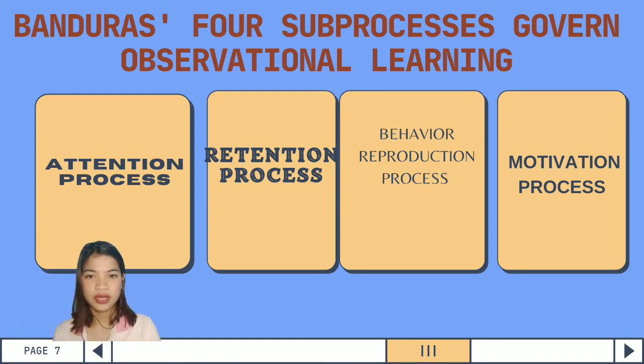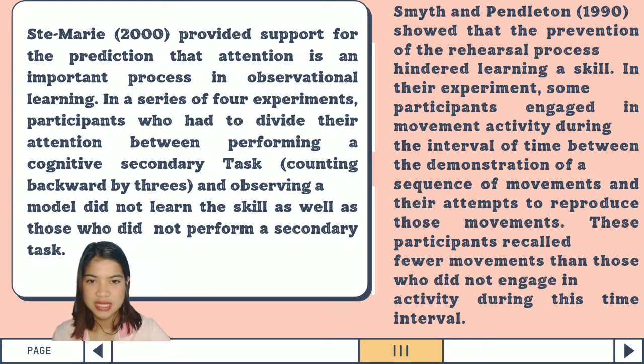There are several research studies that have provided support for the cognitive mediation theory by demonstrating evidence that is in line with predictions of the theory. For example, we have the study of Shimmery, 2000.